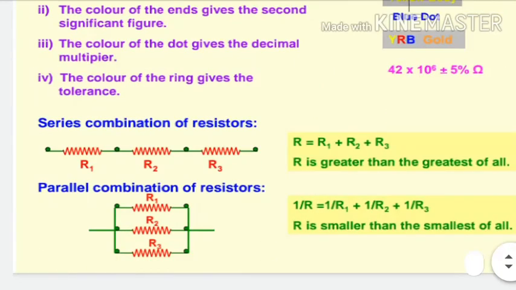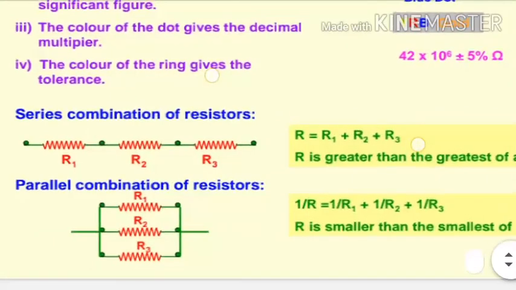Now come to a simple phenomenon, the combination of resistance. Suppose we have more than two resistors; what will be the value of the combined resistance if they are connected in series or in parallel? If they are connected in series, then the net equivalent resistance will be the algebraic sum of the individual resistances.